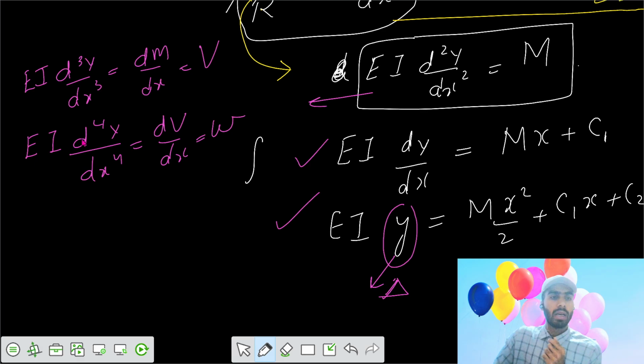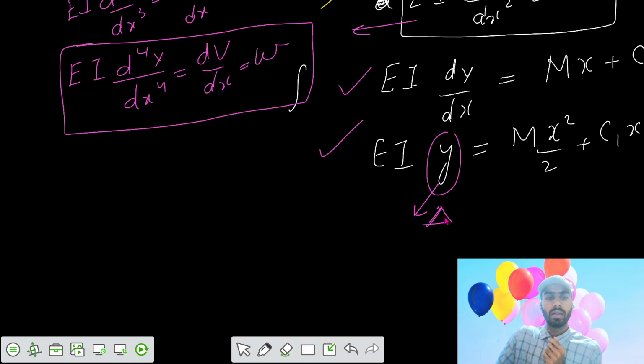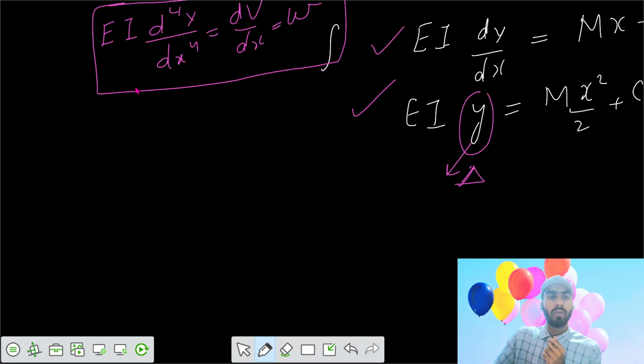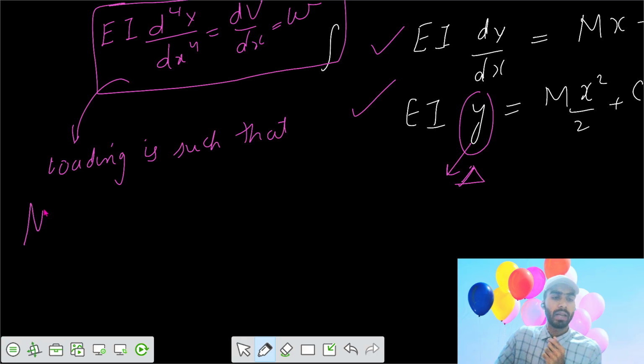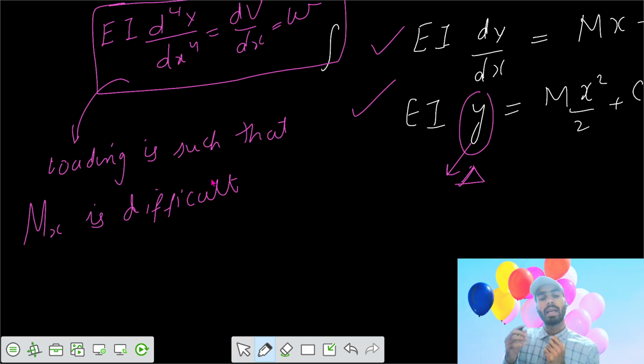This result is also important. It will be used when the loading is such that the bending moment equation is difficult to derive, that means it takes a lot of time to get the bending moment equation at any point x.